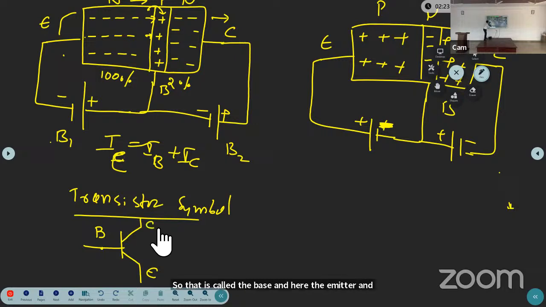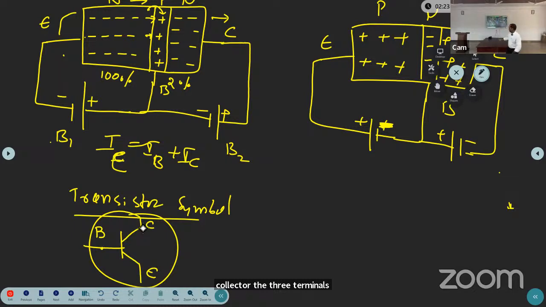The transistor is having three terminals: emitter, base, and collector. Right? Now we need to show the current direction.